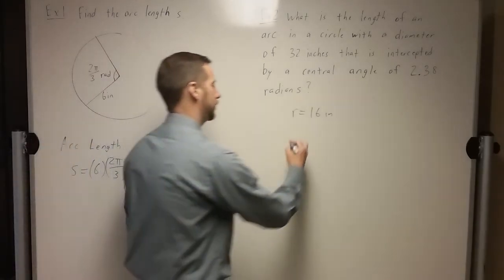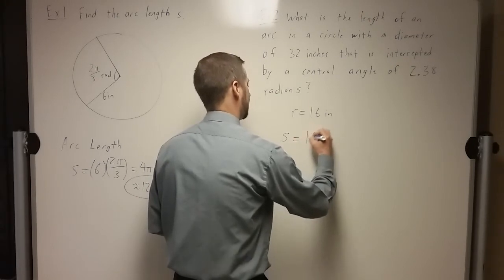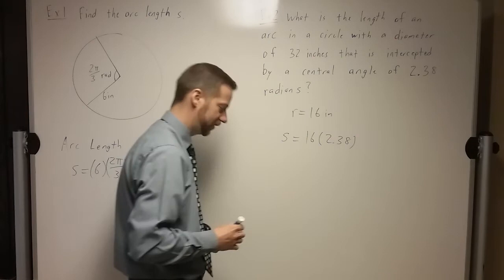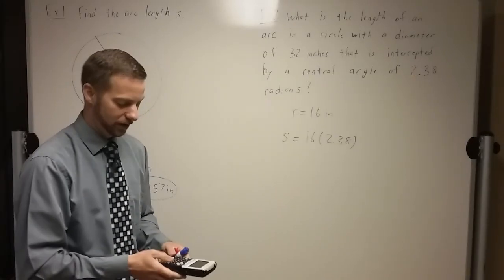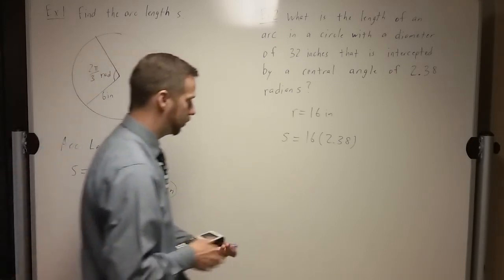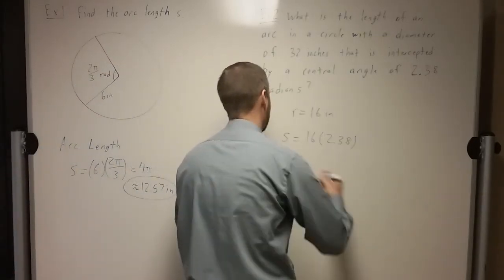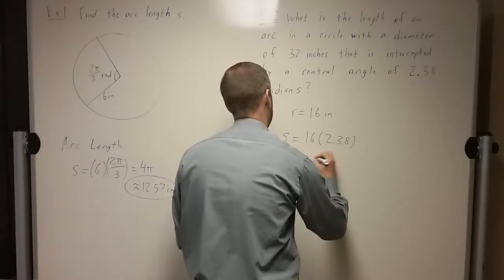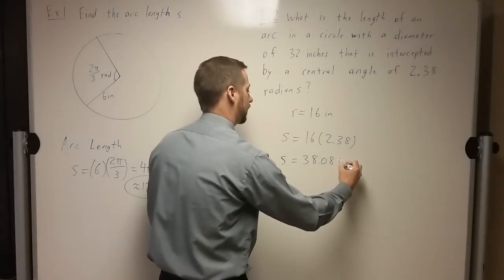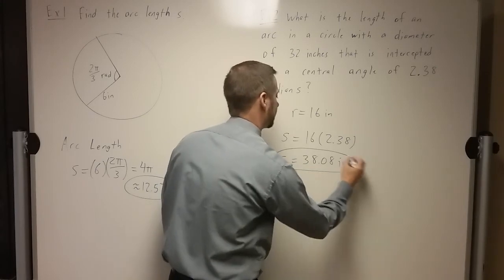So this is 16 times the 2.38 we have for the central angle, and that's going to give us the arc length, which gives us about 38.08. And so our arc length here is 38.08, and since that was in inches, our arc length is 38.08 inches.